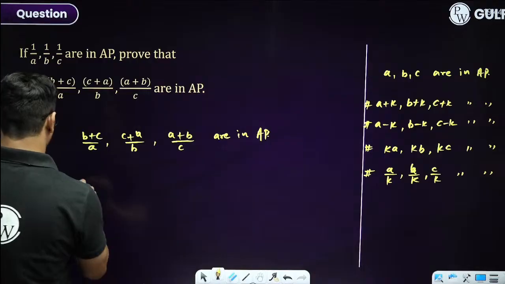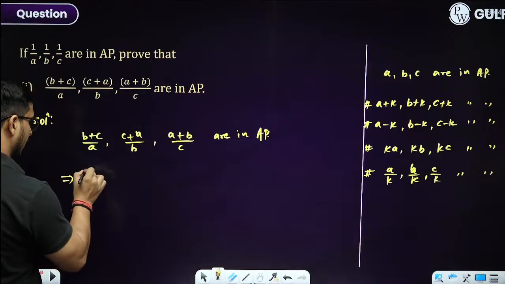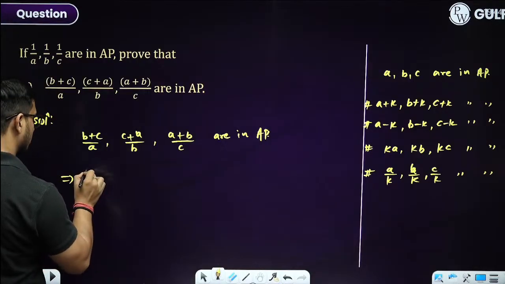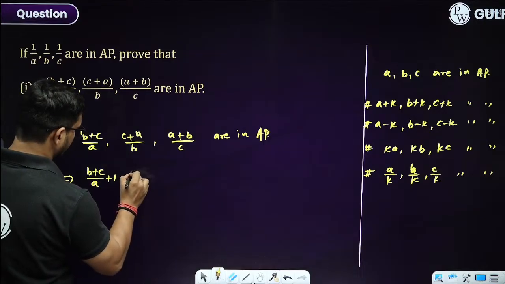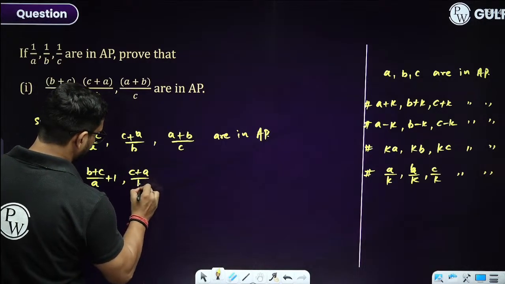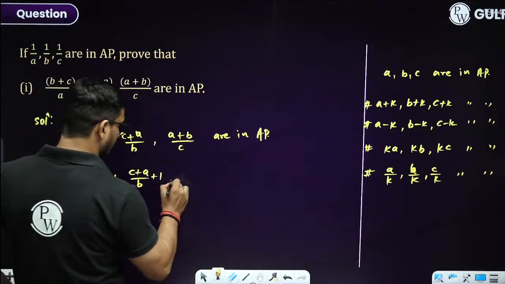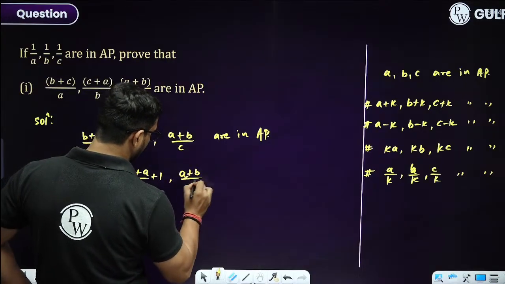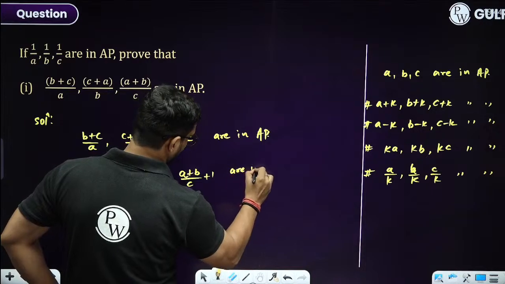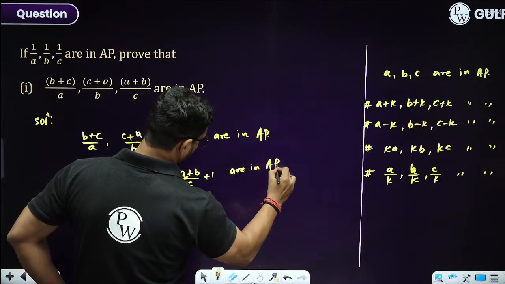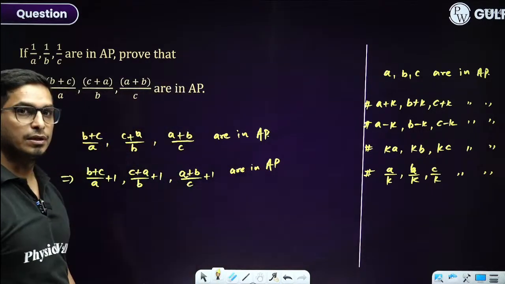So guys, if we add 1 to each term, (B plus C) by A plus 1, (C plus A) by B plus 1, (A plus B) by C plus 1 are in AP. They should remain in AP.